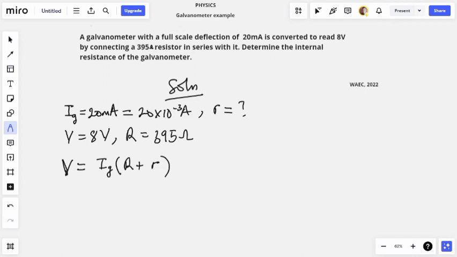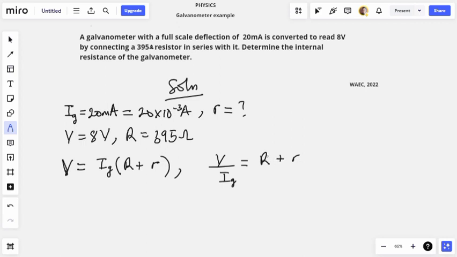Since we are looking for small r, we are going to make small r the subject of the formula. So V divided by the galvanometer current, that is, you divide both sides by I subscript G, leaves big R plus small r.